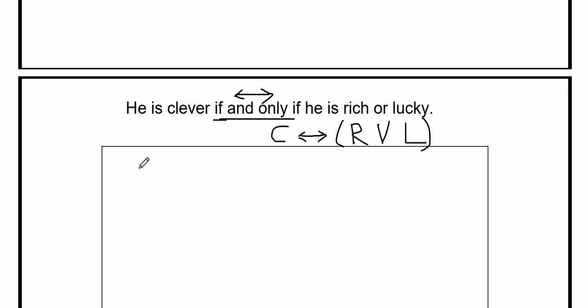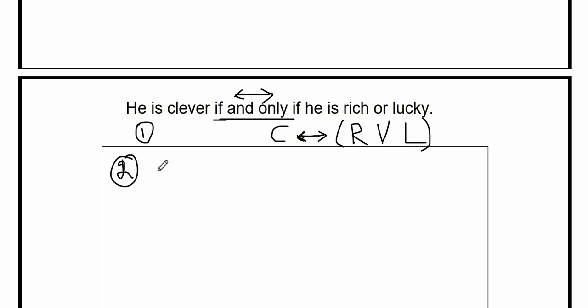Now we have to determine the type of proposition. This is biconditional, bidirectional, biconditional, because it is conditional. This is the biconditional symbol.